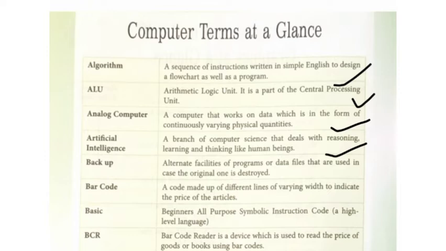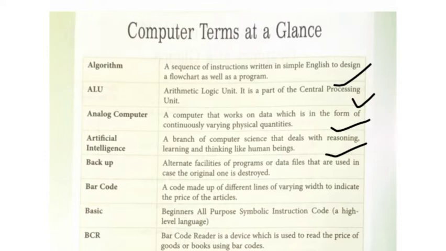Next is backup. Alternate facility of program or data files that are used in case the original one is destroyed. Now, what is backup? Backup means when you are storing any information in your computer system and somehow it gets spoiled, and you already have a duplicate of your data in some other file, in some other folder, saved with another name.